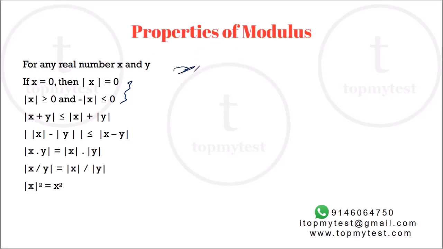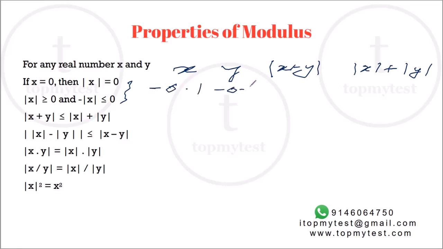Let's see. You have x, y. You have to check for modulus of x plus y and modulus of x plus modulus of y. So let's take two negative numbers, minus 0.1 and minus 0.3. Modulus of x plus y will be modulus of minus 0.1 minus 0.3, that's minus 0.4, that will be 0.4.